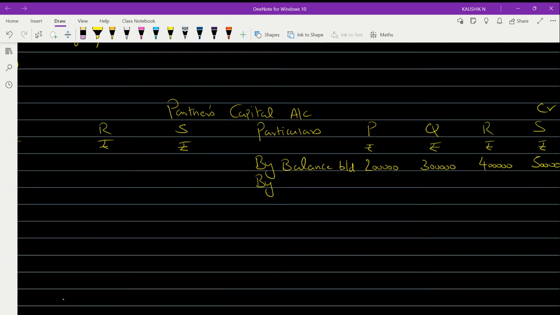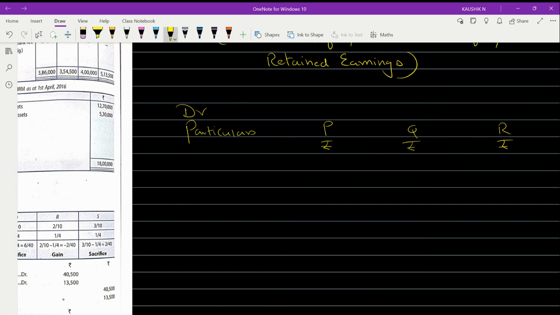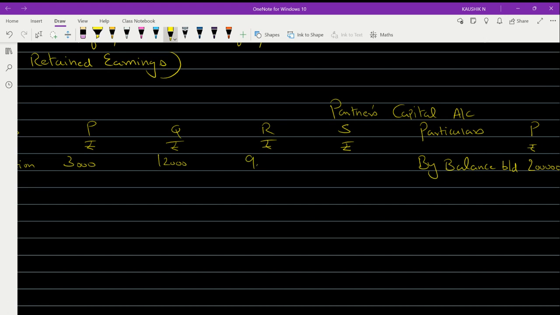Sorry, loss will go to the debit side. So, to revaluation loss: 3, 12, 9, and 6. These are the values, right?